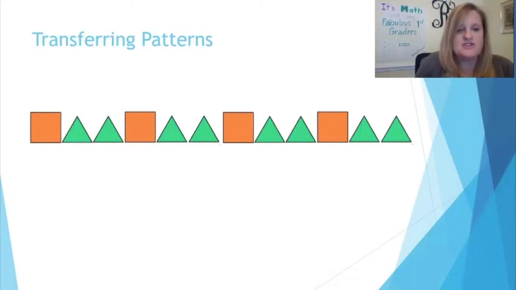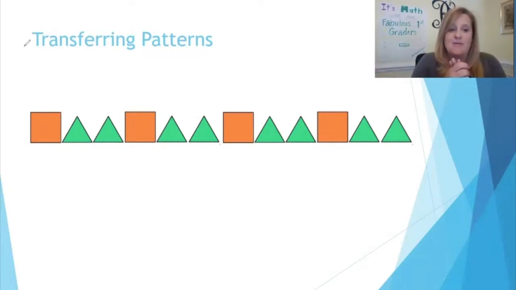But if I wanted to transfer this pattern and show the same pattern in a different way, I could do a color pattern, number pattern. I could do a rhythm pattern, like every time you see a square, you could clap. Every time you see a triangle, you could snap.